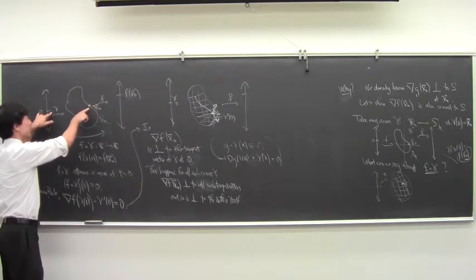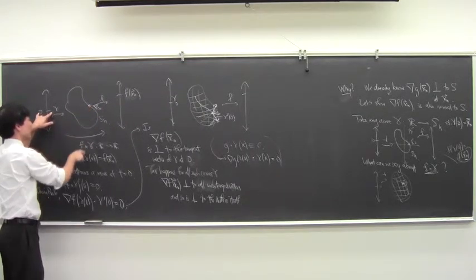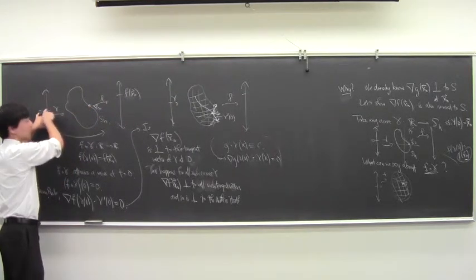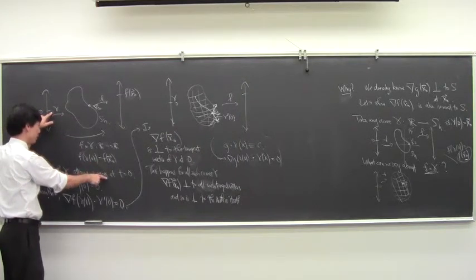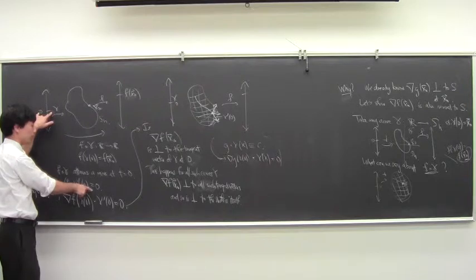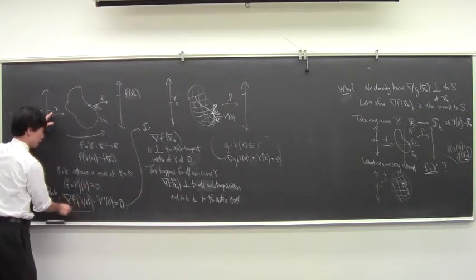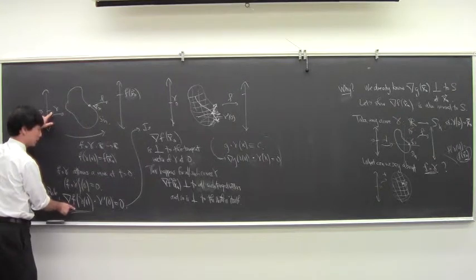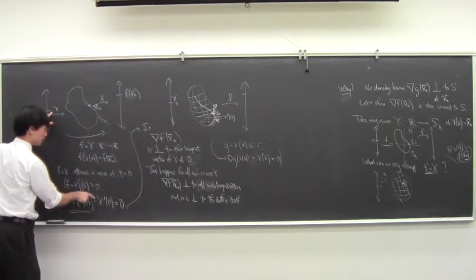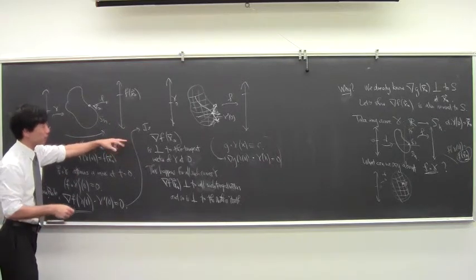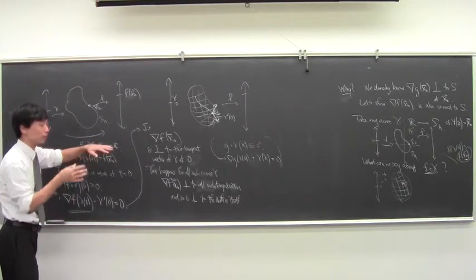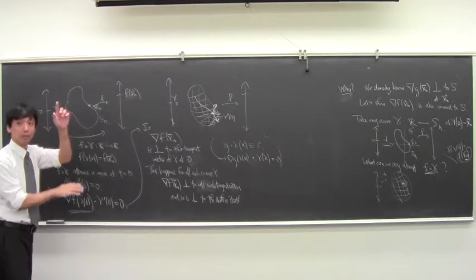Because f reaches its max at that point, that tells us that the composition reaches its max at time 0. The composition reaching its max at time 0 tells us that the derivative at 0 must be 0. By the chain rule, that tells us that the gradient of the function is perpendicular to the tangent vector of that curve. The gradient is perpendicular thus to all tangent vectors, and thus perpendicular to the surface.